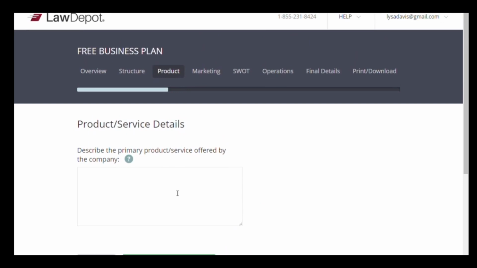Describe the primary product service offered by the company. So the primary product is an organic soap, cleansing product. It could be soap that is sold for various stages of life.